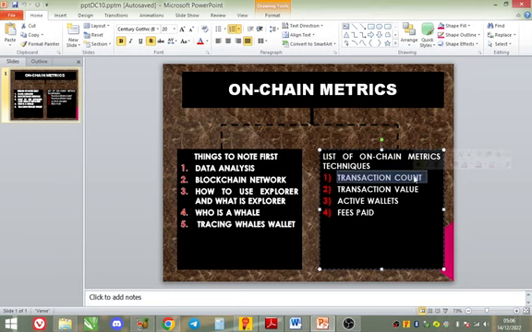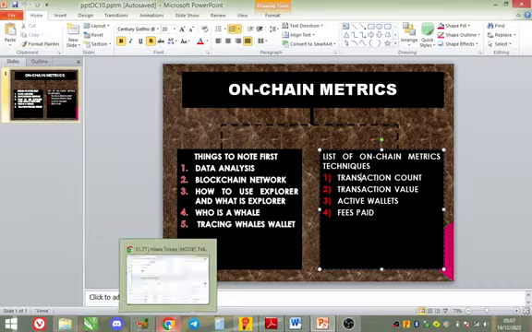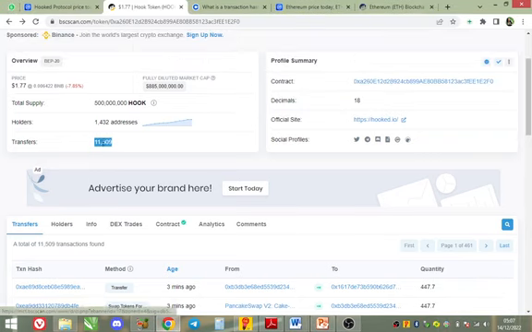If the token doesn't have much activity, nobody is buying it or it is not actively having sales, you know it will be a weak token. No buying and selling going on in the token means it will not have an effect on the price. That is why we are concerned about the transaction count.